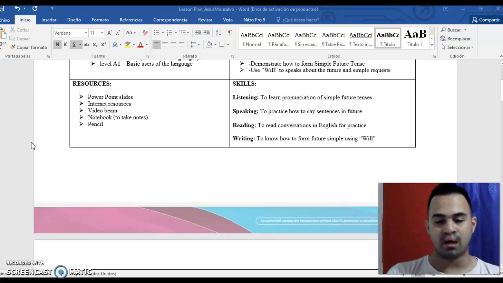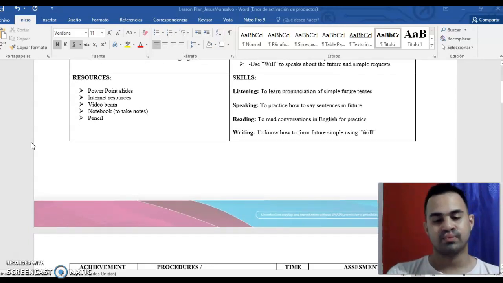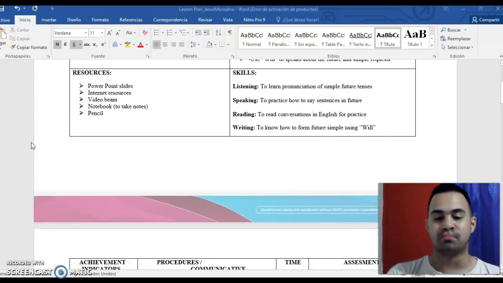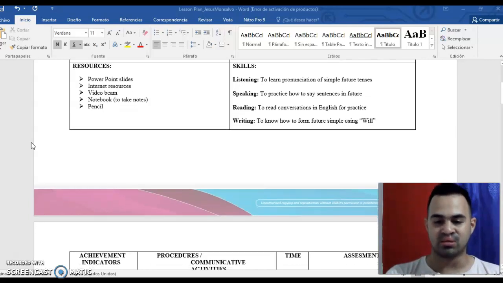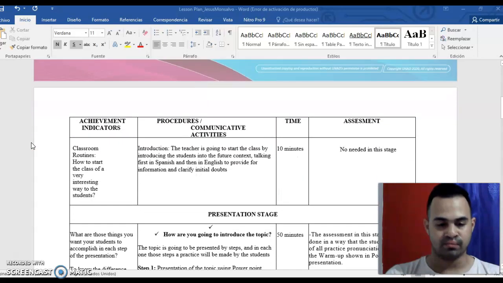The skills are listening, to learn the pronunciation of simple future tenses; speaking, to practice how to say sentences in the future; reading, to read conversations in English for practice; and writing, to know how to form the future simple using will.